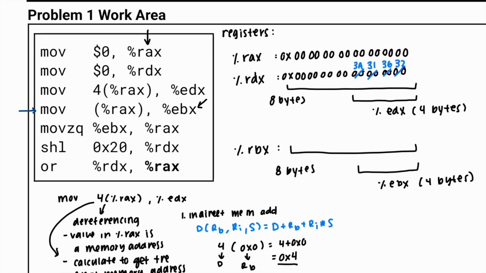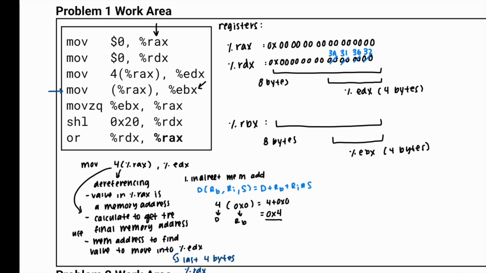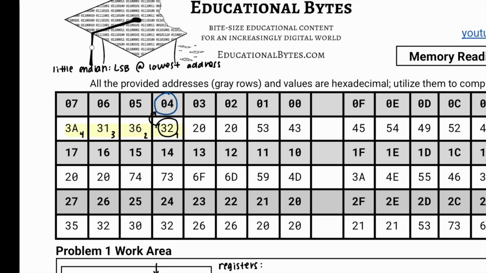We know that RAX is at 0x0, so there's no displacement or any other values that we need to take care of, so we can just go directly to 0x0 and grab 4 bytes. We found 0x0 here, and the 4 bytes are 43, 53, 20, 20. So our final value that we're grabbing will be 20, 20, 53, 43.